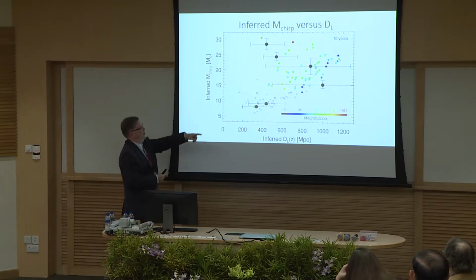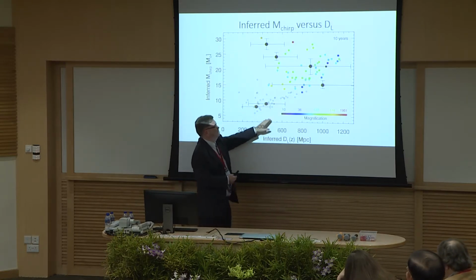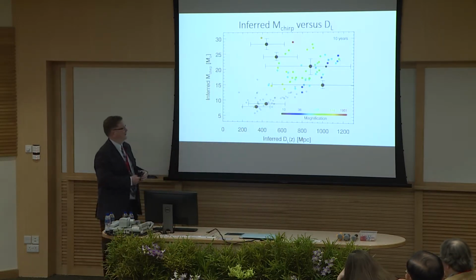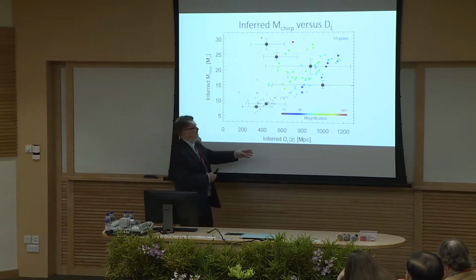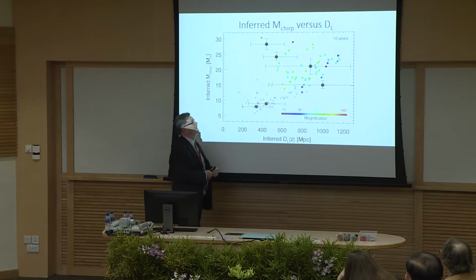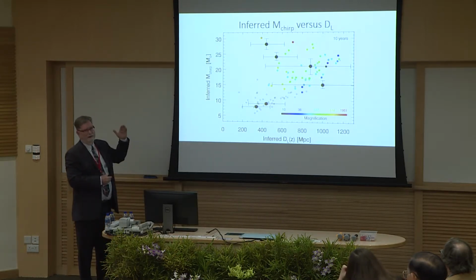So you can see the masses, you can see the 3 events. You see in black the ones that essentially have a magnification of 1, and you see in the other colors the various magnifications, up to 100 here, 500, 2,000, right? And so that's our Monte Carlo of 10 years.